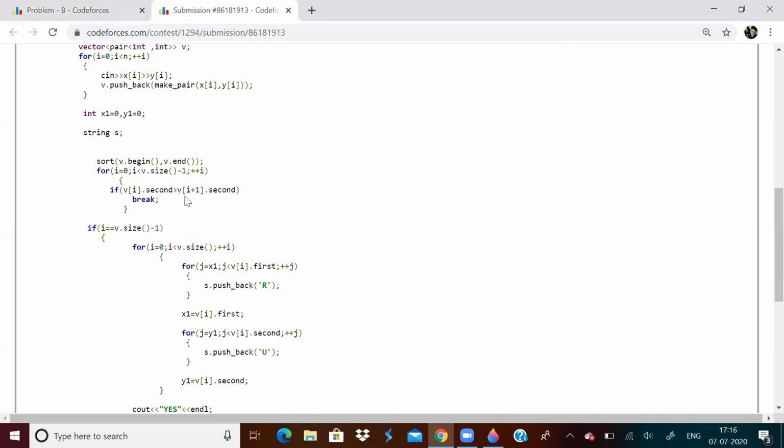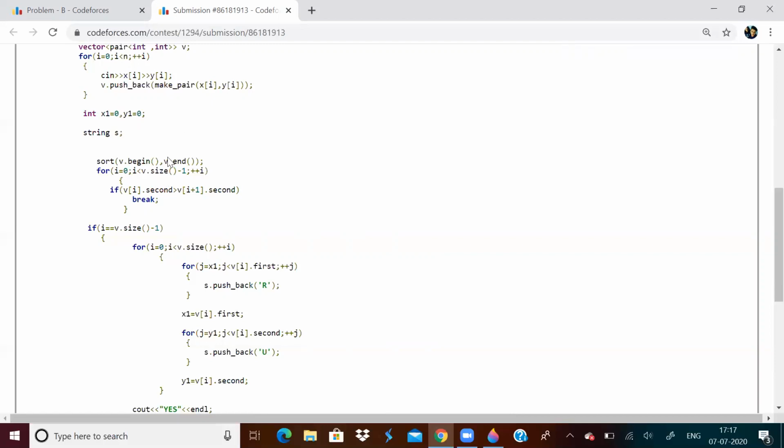So I can make a conclusion: if the y coordinate of a point is lesser than the y coordinate of the previous point, or if the y coordinate of a point is greater than the y coordinate of the next point, this v of i dot second, this dot second is for the y coordinate, because a pair is what? x and y.